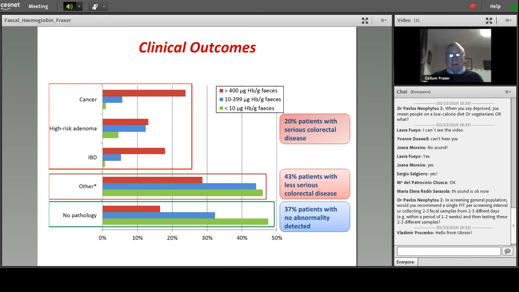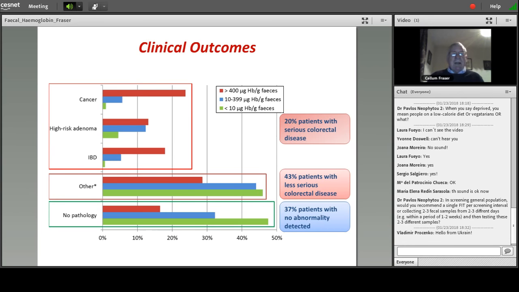And you can see that in colorectal cancer, most of the cancers had very high fecal hemoglobin concentrations, and only a few had low, undetectable concentrations. And interestingly, much the same pattern is found with inflammatory bowel diseases, particularly ulcerative colitis.